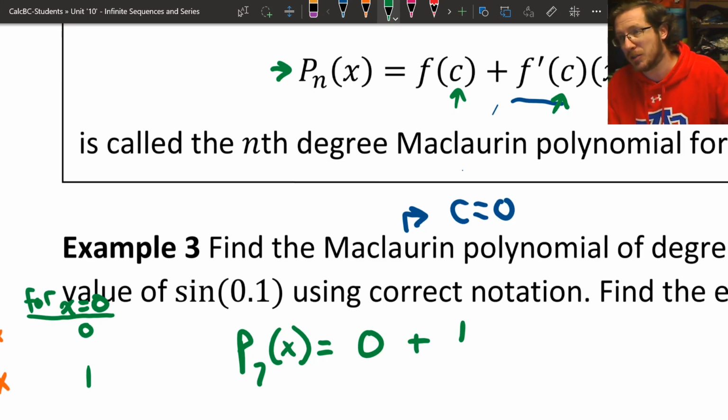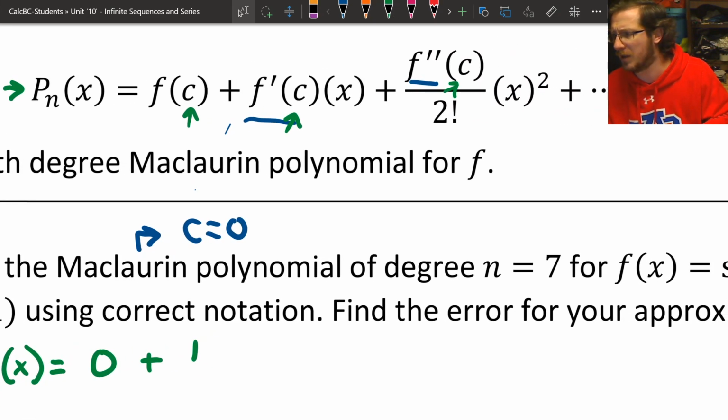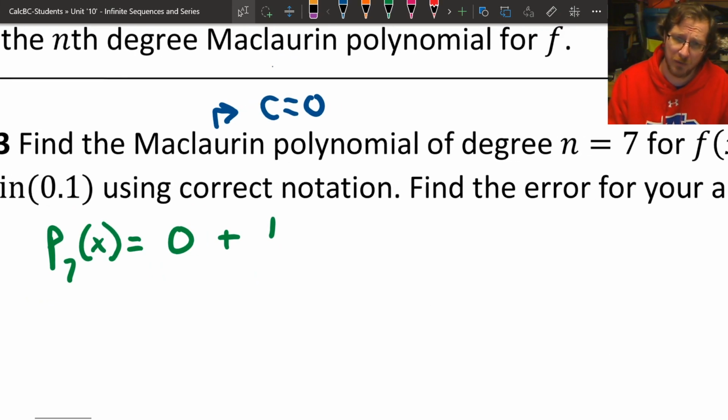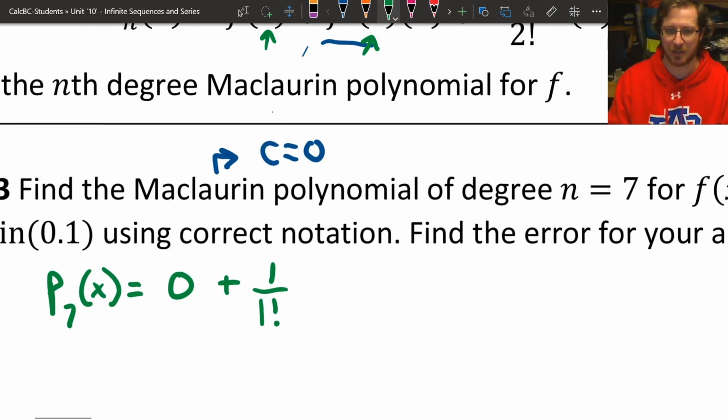And it doesn't show it here, but to follow the pattern, I like to show that we're going to be dividing by n factorial. So we're really dividing by 1 factorial here. I like to write that to remind myself that's the pattern of things to come. And then times x.